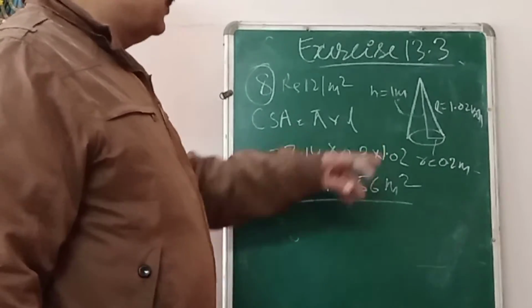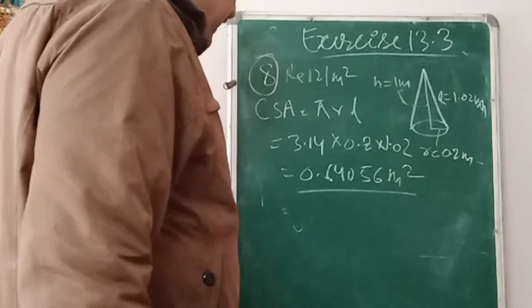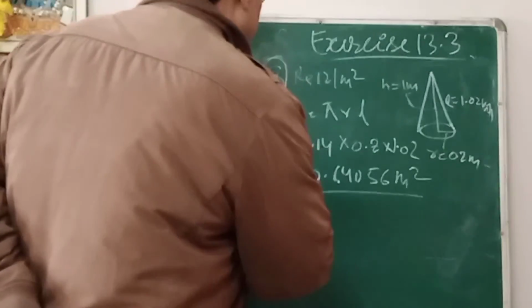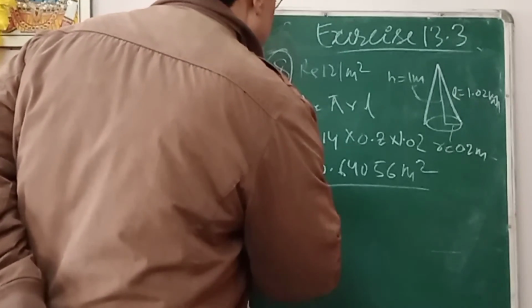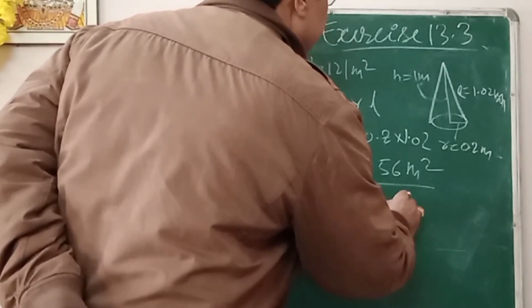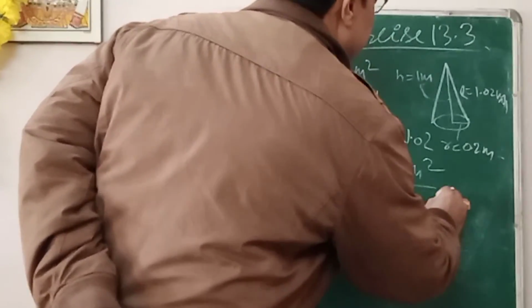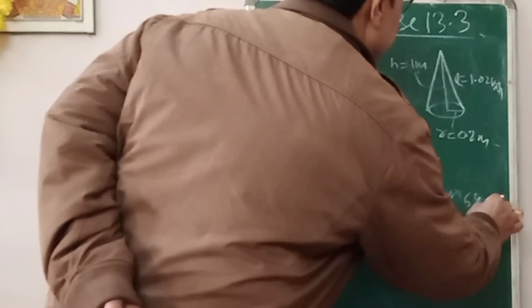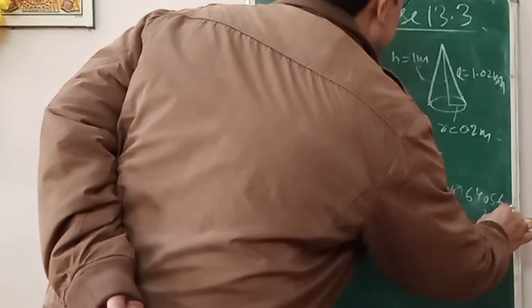So we need to make 50 such cones. This is the area of one cone, so the area of 50 cones is 50 into 0.64056 meter square.